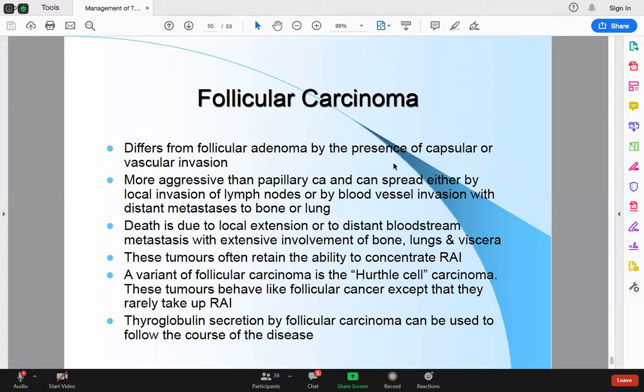This is definitely more aggressive than the papillary carcinoma and can locally invade a lymph node or blood vessels, which is not good because any spread is bad, but it can also extend to the distant bloodstream, with metastasis to bones, lung, as well as viscera. Again, thyroglobulin secretion by follicular carcinoma can be used to follow up the course of the disease.